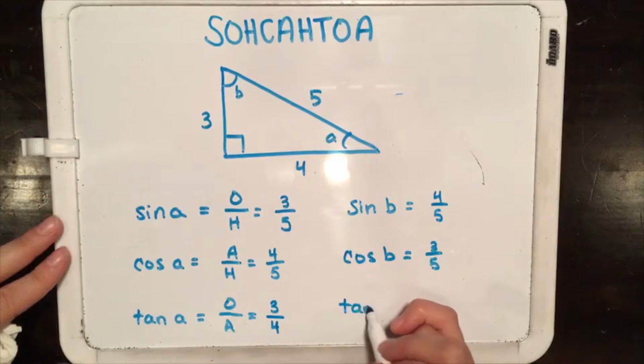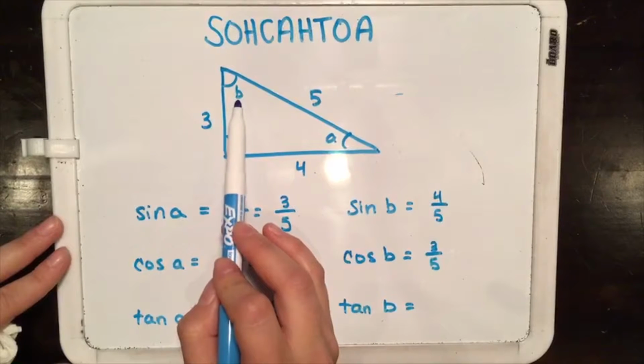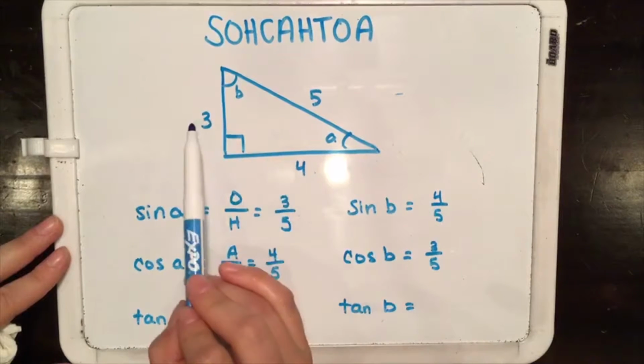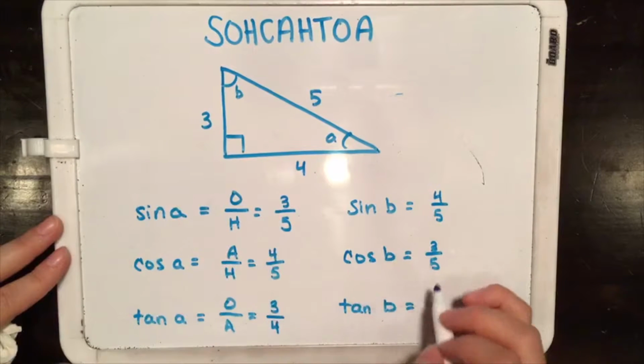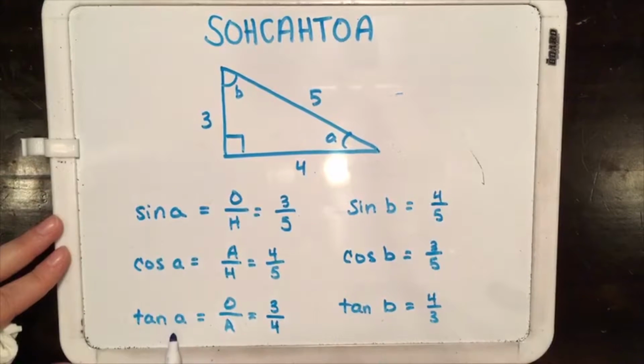And tangent of B is opposite, 4, over adjacent, 3, 4/3.